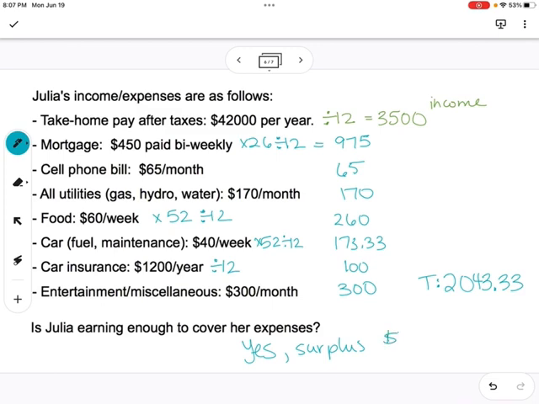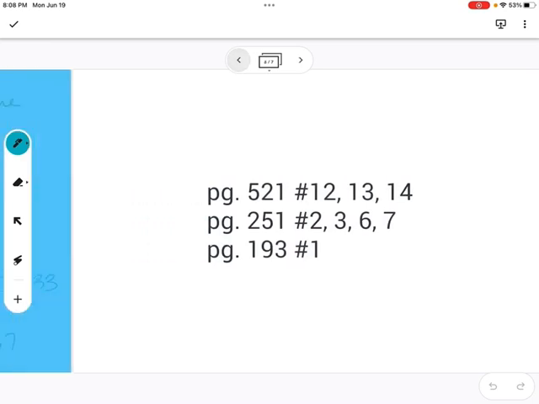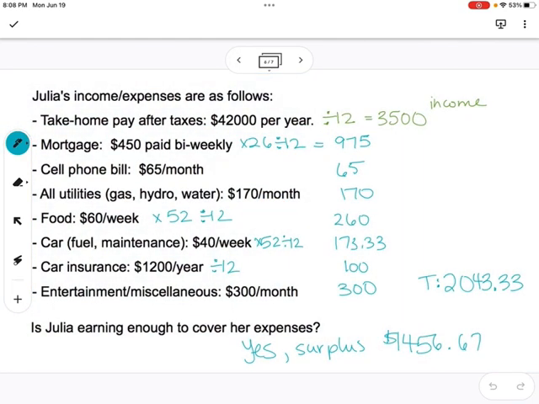Surplus of $1,456.67. Okay, so that could be put into a more organized budget, but I do not have that table added into the slideshow here. But that's the main idea when you're creating the budget.